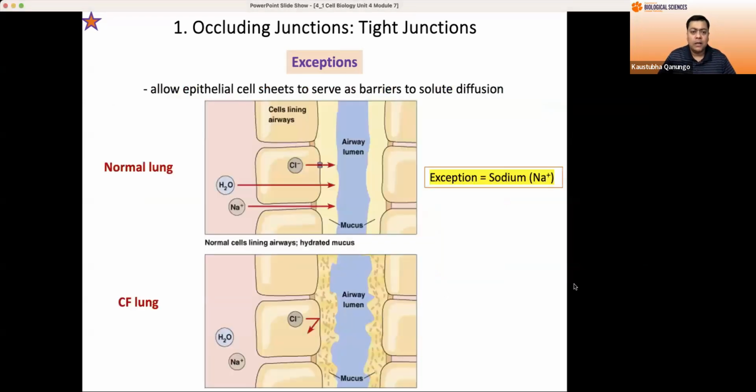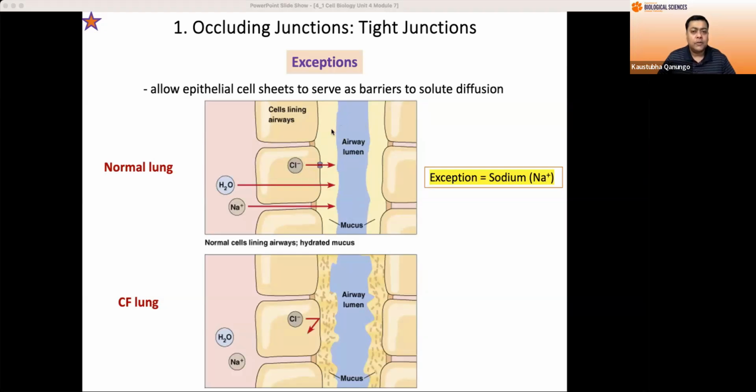All right, so we always revisit our occluding junctions, and we have always seen this as CFTR and the normal lungs. So right here, we are revisiting that. We talked about the tight junctions, and sodium is the only exception. Essentially, recapping the CFTR, right here is your CFTR through which chloride is moved into the airway lumen.